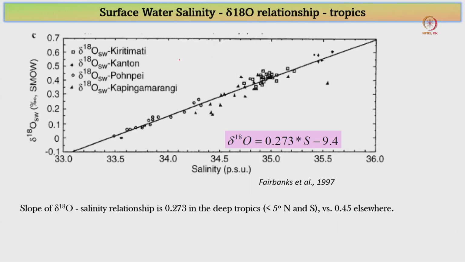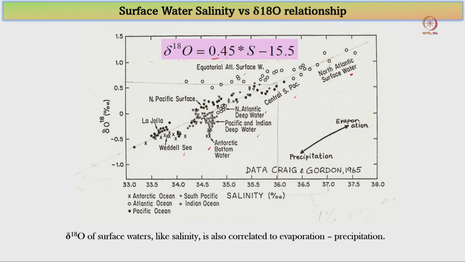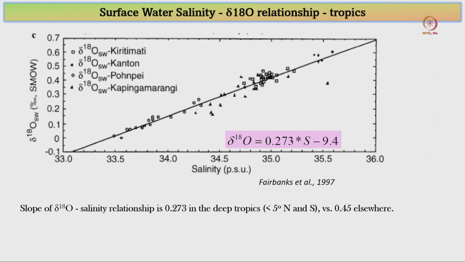But in the tropics we observe a slight difference. Here, as you can see, the slope with the salinity is 0.45, but in the tropical region, where we again have data from different areas, we see that the slope is much shallower. Its value is around 0.273 in the deep tropics, that means between 0 to 5 degree north and 5 degree south.